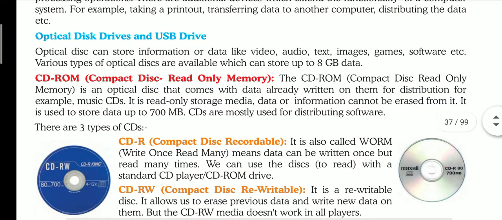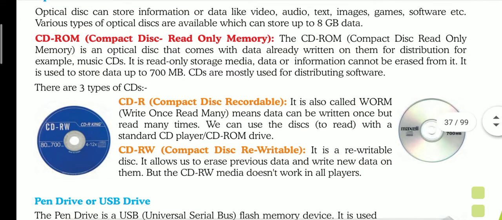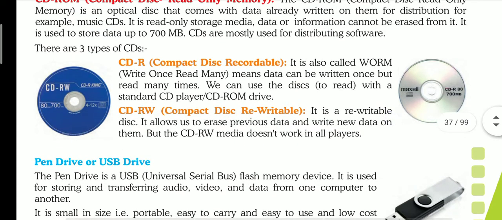There are types of CD: CD-R, CD-RW. CD-R, recordable compact disc. It is also called WORM, write once read many, meaning data can be written only once but read many times.